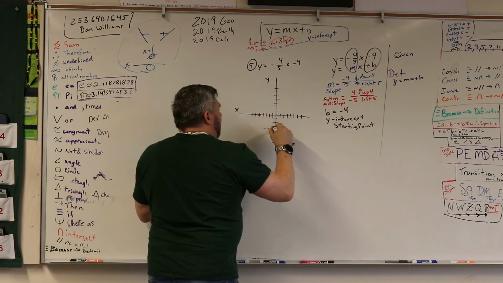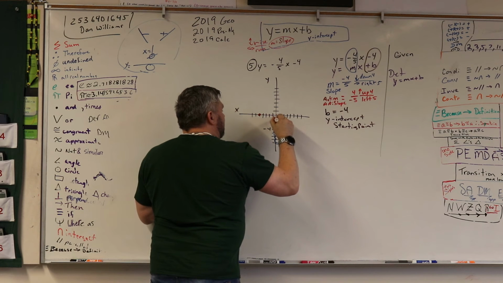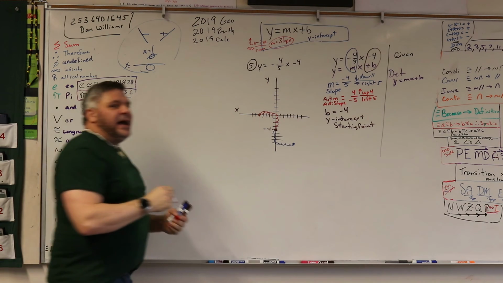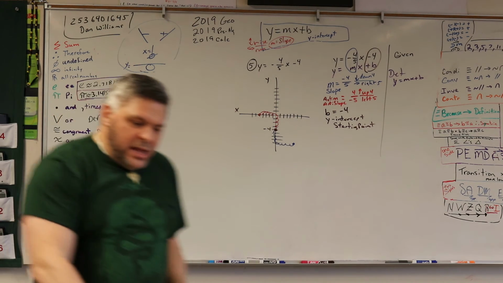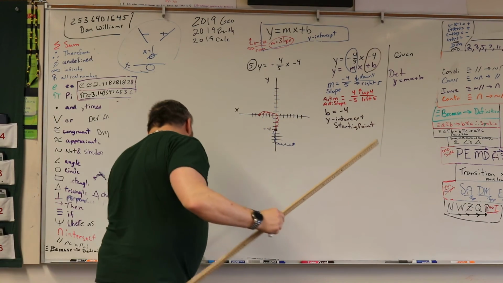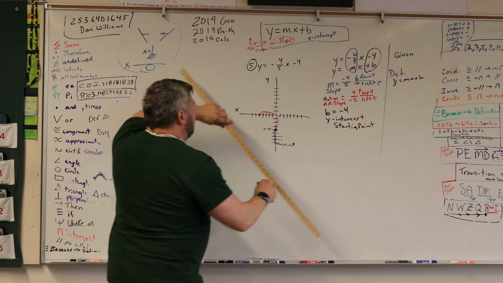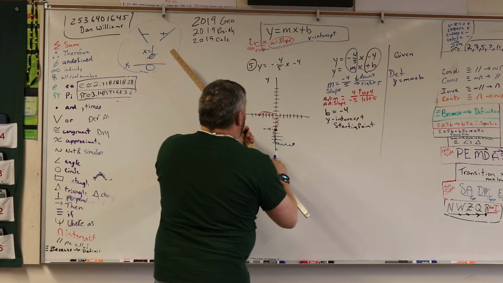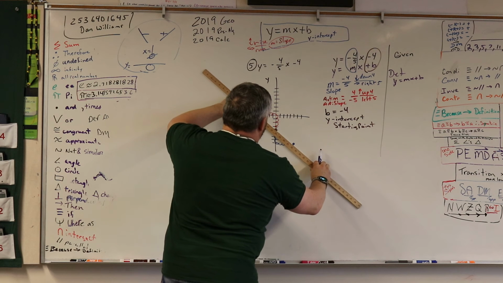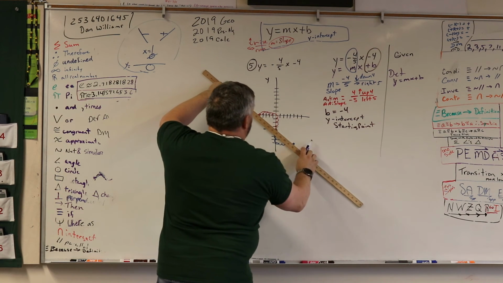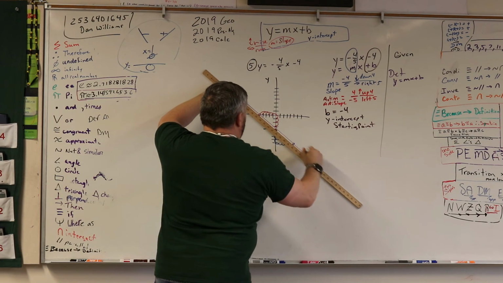If I take this ruler, I will find that all 3 points are what we call collinear. Collinear means they sit on the same line.